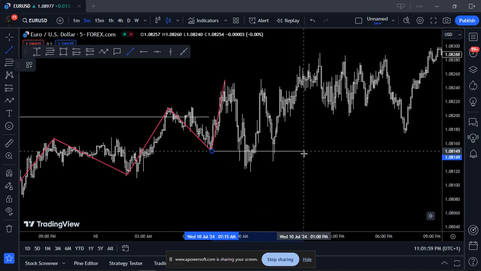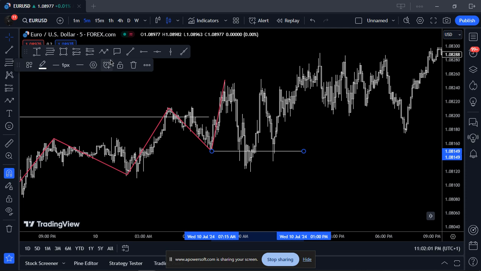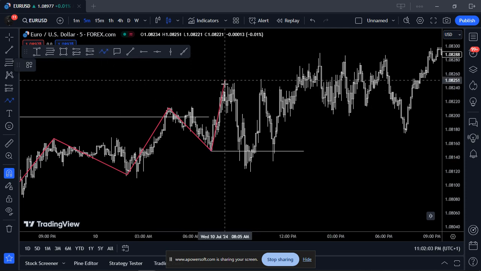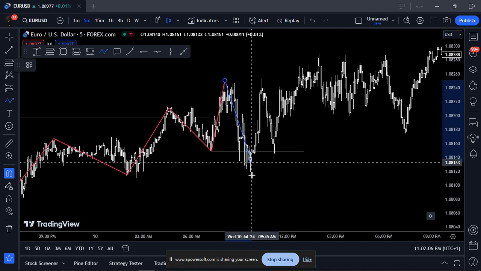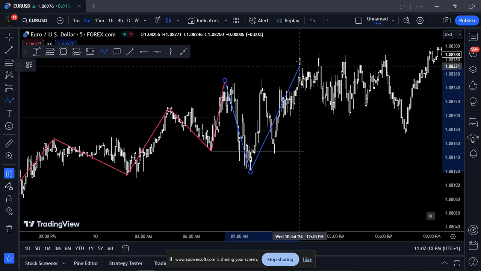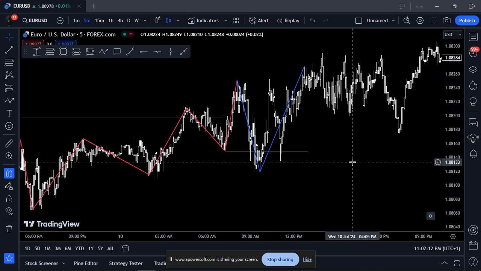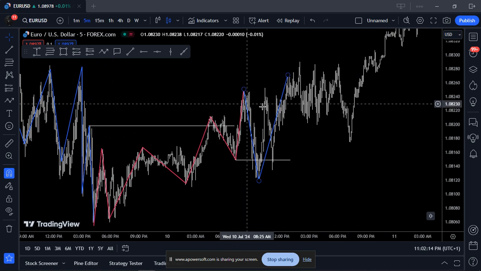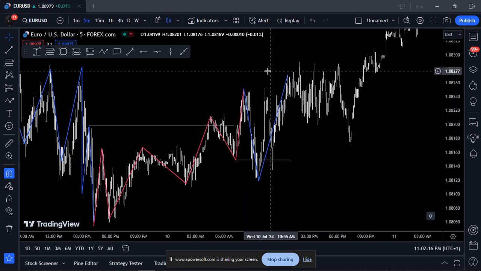You see, here's the last one. What did price do? Price came, took it, and closed. You see, it took it at the close of this candle. You can take your long.